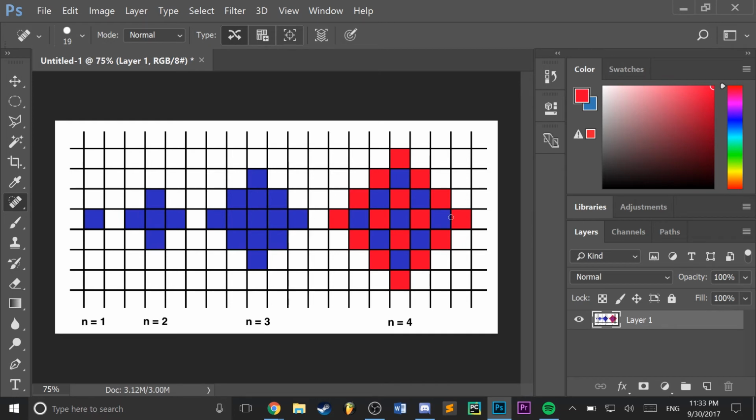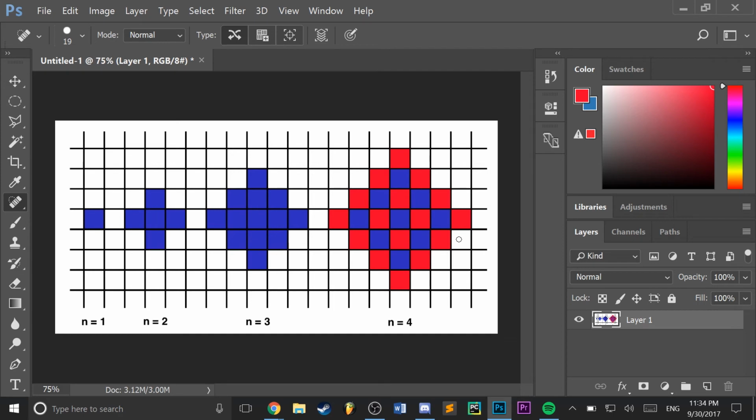If we relate this to n, we can say there are n diagonals with n squares in them. These are the red ones. And we can express the blue ones as n minus 1 diagonals with n minus 1 squares in them. So we can use that to help us with this coding problem and calculate the area.